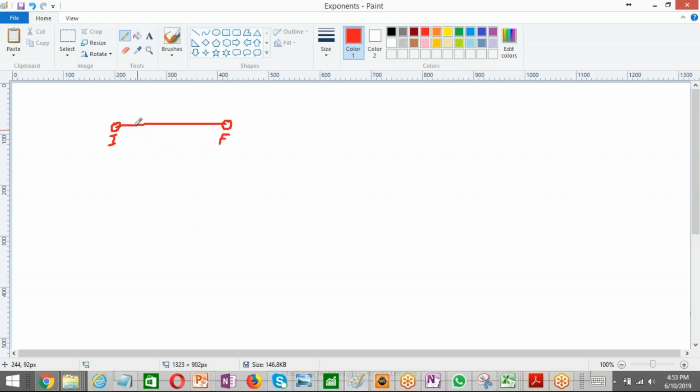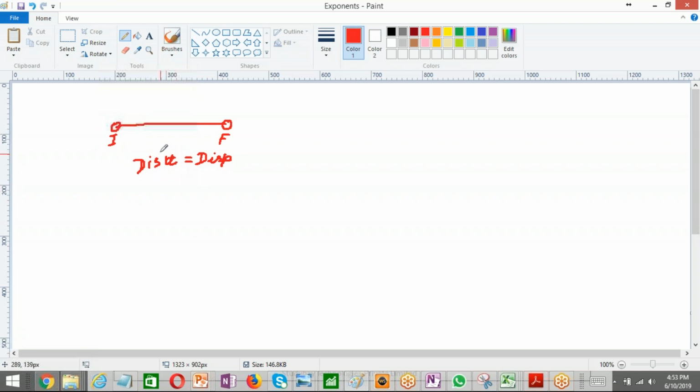You are moving on a straight line. That means the difference between the final position and the initial position is equal to the distance. So in that case, distance is equal to displacement.